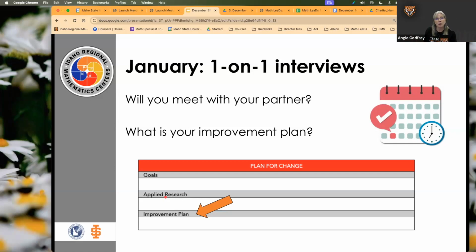The point that we want this to make is when we're teacher leaders, we need to know what the best practices are. We can't be preaching the gospel according to Angie. It's really the gospel according to NCTM.